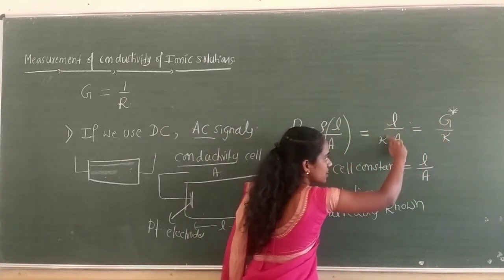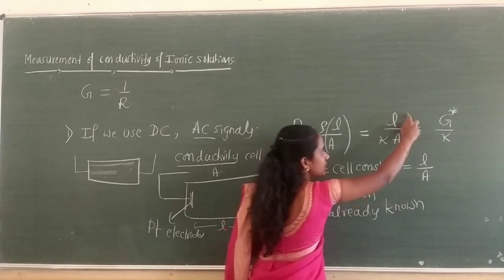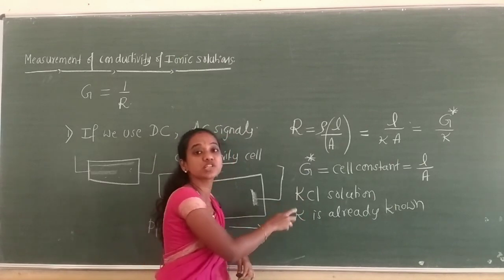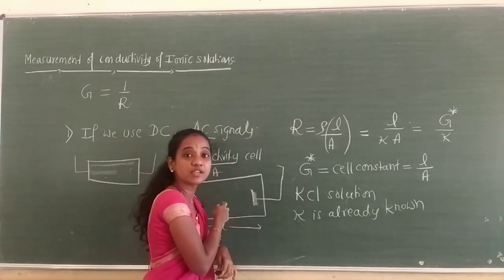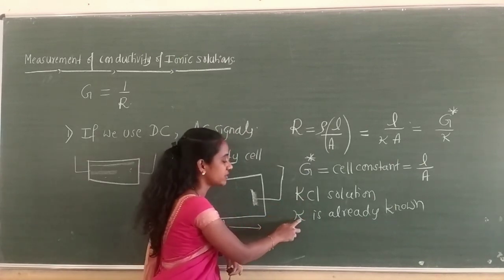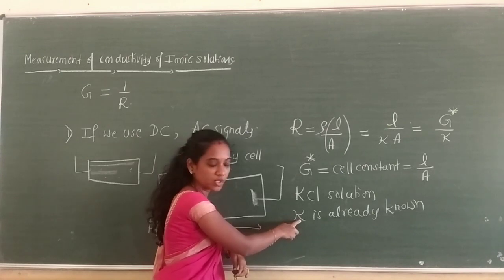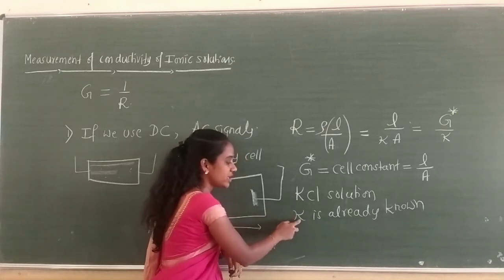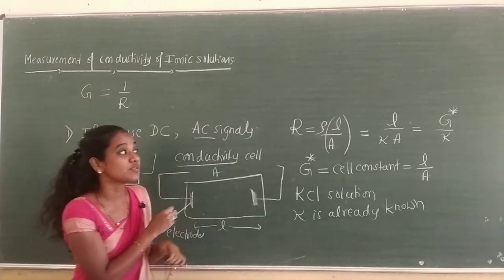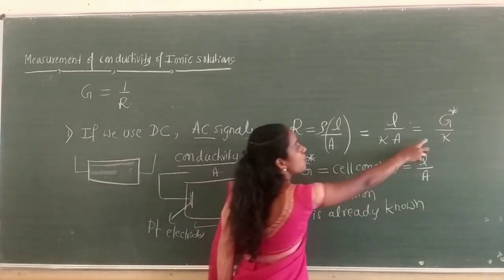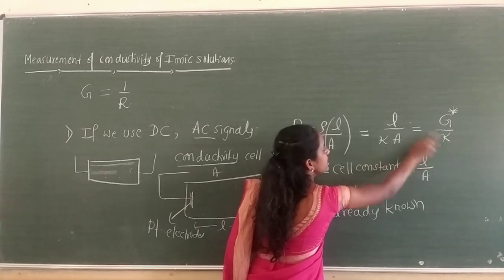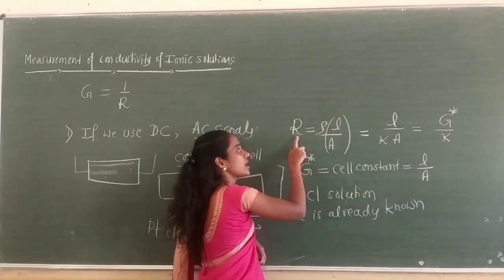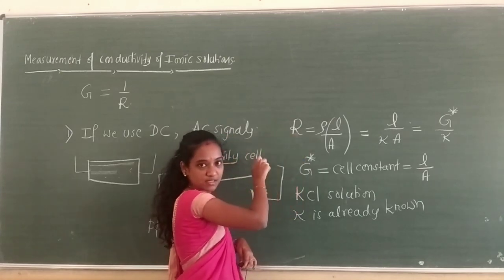To calculate G star, the cell constant, we have the value of K because we took potassium chloride solution as a reference solution whose conductivity K is already known. By knowing the conductivity of potassium chloride solution, we can find the resistivity, which is the reciprocal of conductivity, and we can also calculate the resistance.